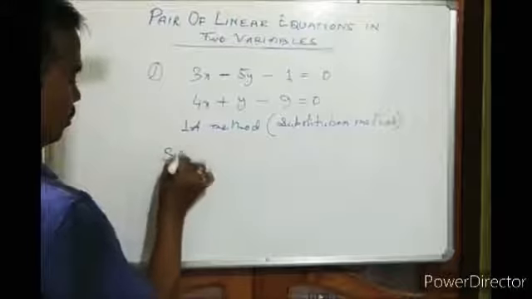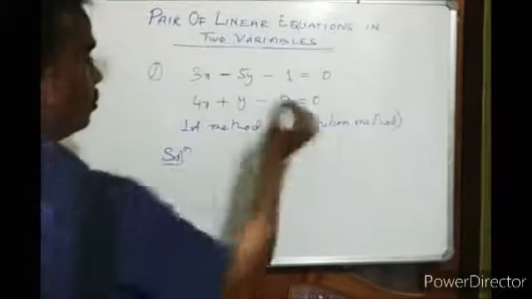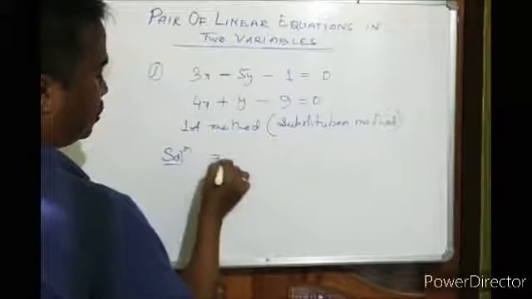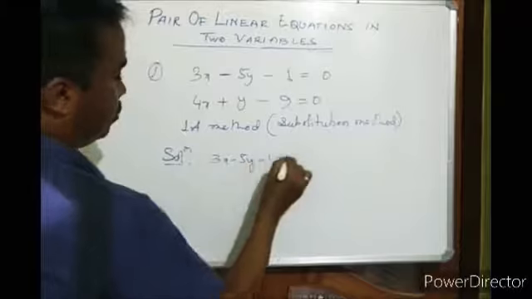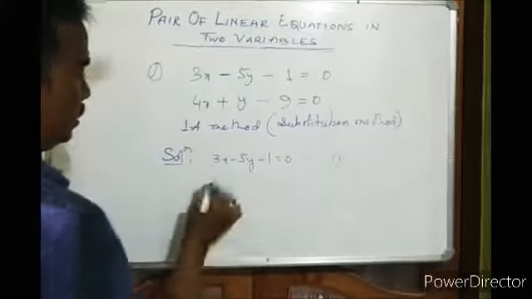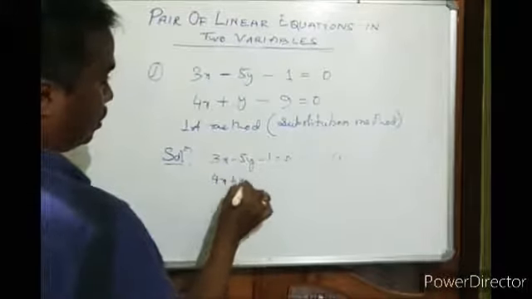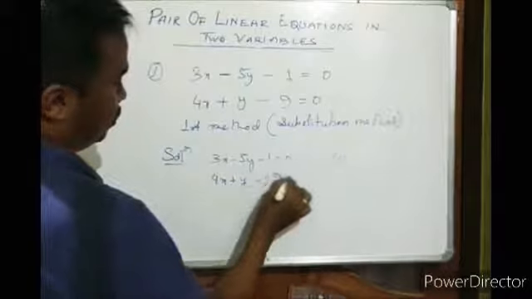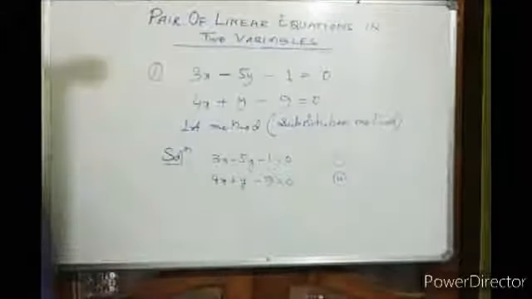First we write the solution here. Thrice x minus 5y minus 1 is equal to 0, we put this as number 1, and the other one, 4x plus y minus 9 equal to 0, as number 2. So these are the two equations. We will put numbering first.